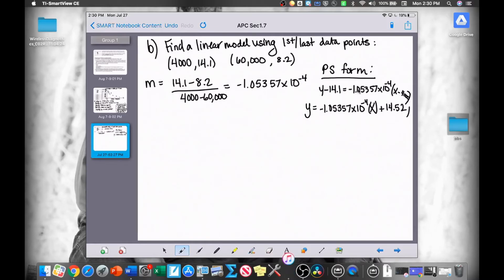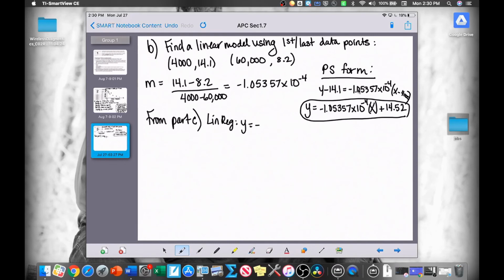Okay, now they want us to compare this to what we got for our linear regression from part C, which we did already. We started with part C. So from part C, our linear regression was y equals negative 9.9785 times 10 to the negative fifth x plus 13.9508.